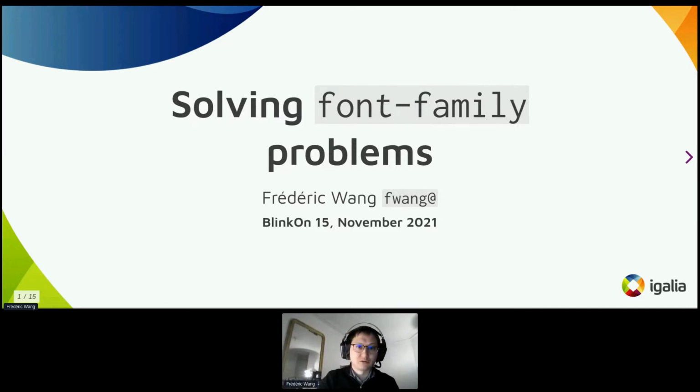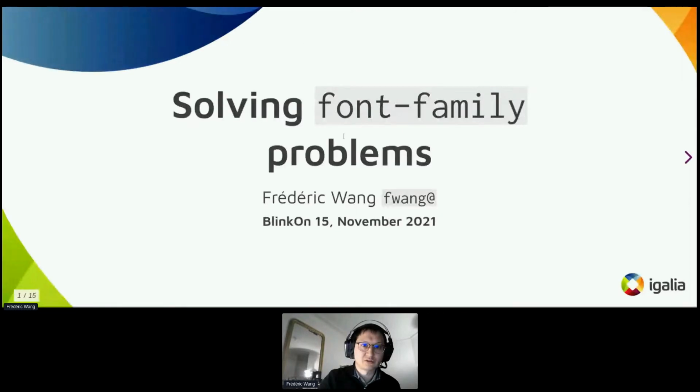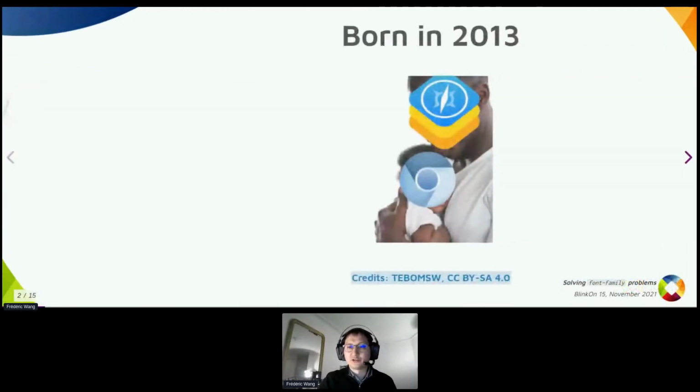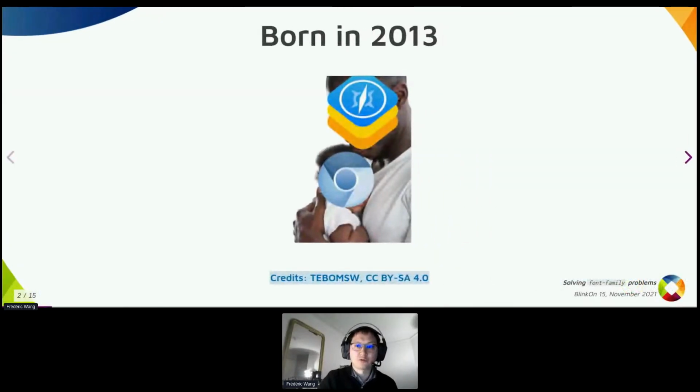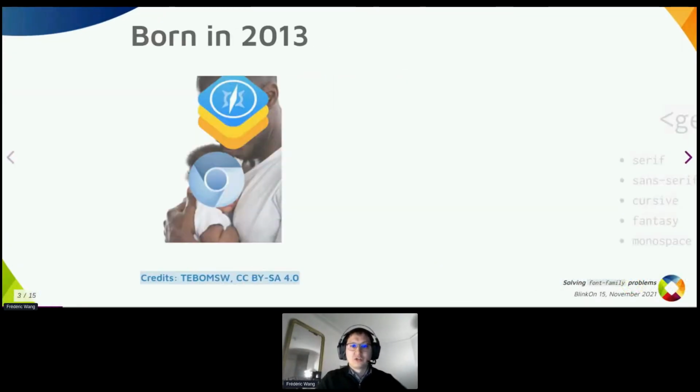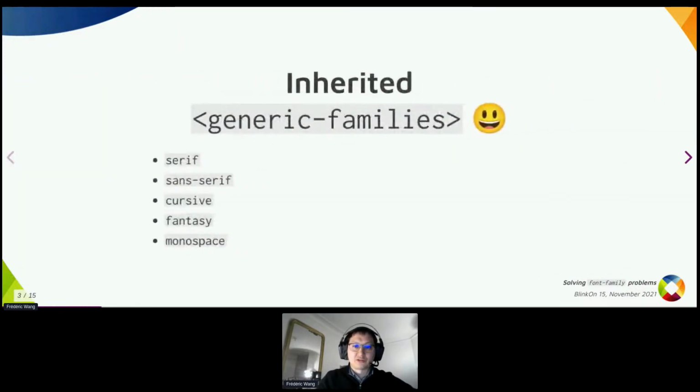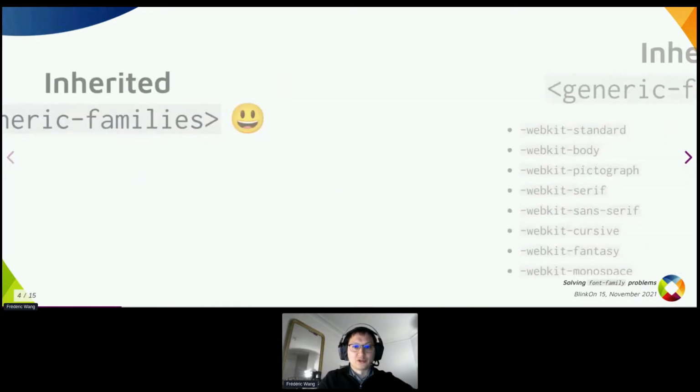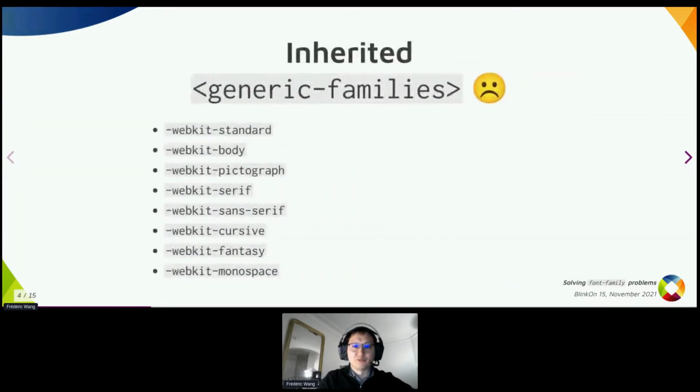Okay, so let's start with this presentation. As you know, Blink is a fork of WebKit, which means that we inherited generic font family names from the CSS font model, but also that we inherited proprietary behavior for proprietary -webkit- prefixed values.